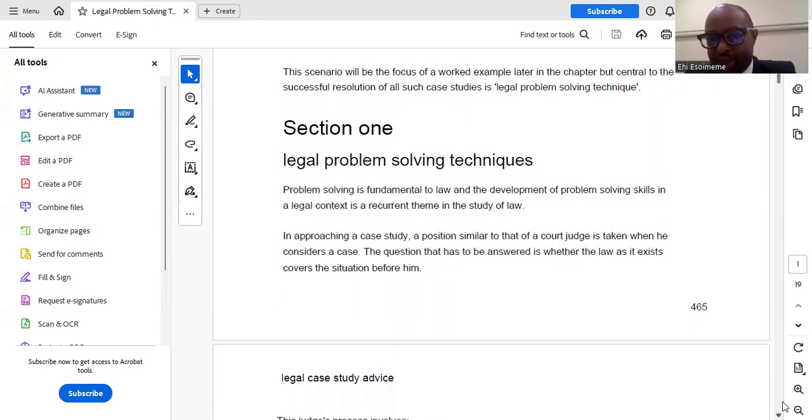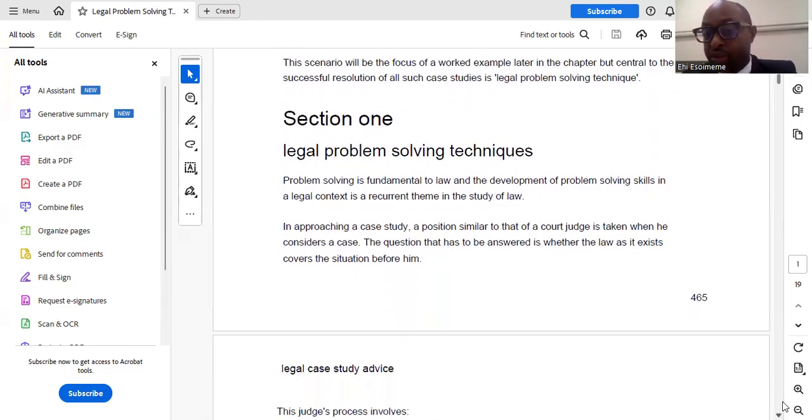And so in approaching a case study, a position similar to that of a court judge is taken, because some students mistakenly adopt an approach as if they are actually the lawyers themselves. But when you're a lawyer, what you do is to do anything to defend your client as much as possible. So your position is likely to just be one-sided.